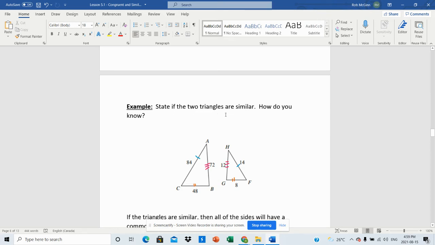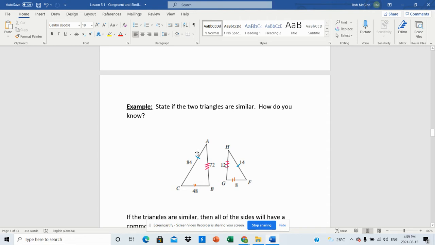How do you know? In this one, we've got all three sides labeled for both triangles, and we have to match up the matching sides. We can do that by trying to match up the angles. We can see angle B and angle G are the same, so we would actually have to flip one of these triangles around, and we could redraw it that way.